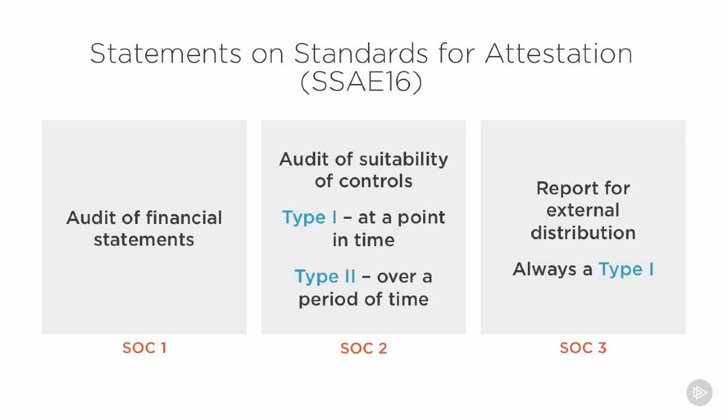That provides us a high level of assurance and in-depth insight into that organization's controls and infrastructure. However, the normal is that we would actually get a SOC 3, the more high-level generic type of report that does not detail any specific deficiencies or characteristics of the service provider firm's infrastructure. A SOC 3 report is always done as a Type 1 at a point in time.